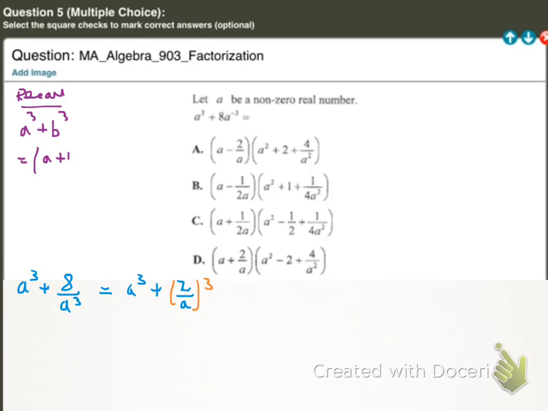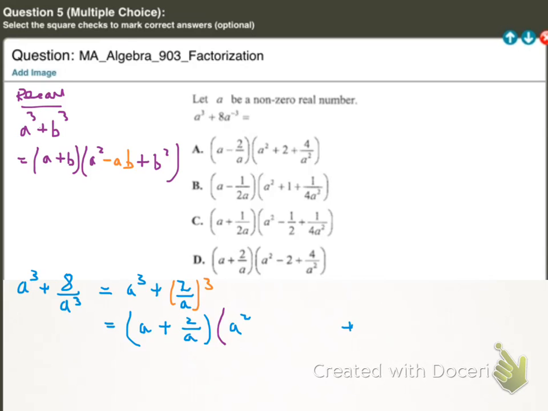A sum of cubes, you might recall, is a product of a plus b times a term which has a squared to begin with, and b squared at the end. And if I have a plus b, then the middle part must be minus ab. So remember this identity? We apply this identity to our problem.